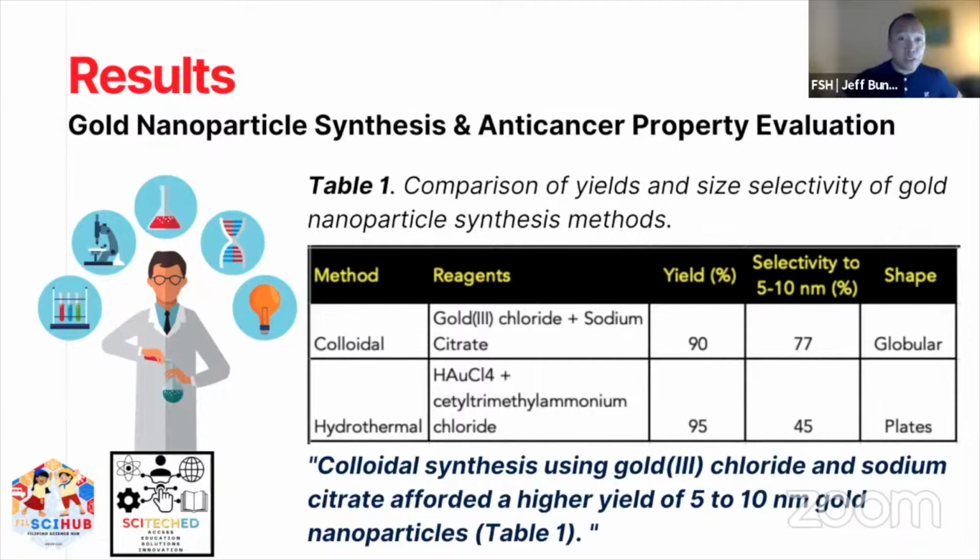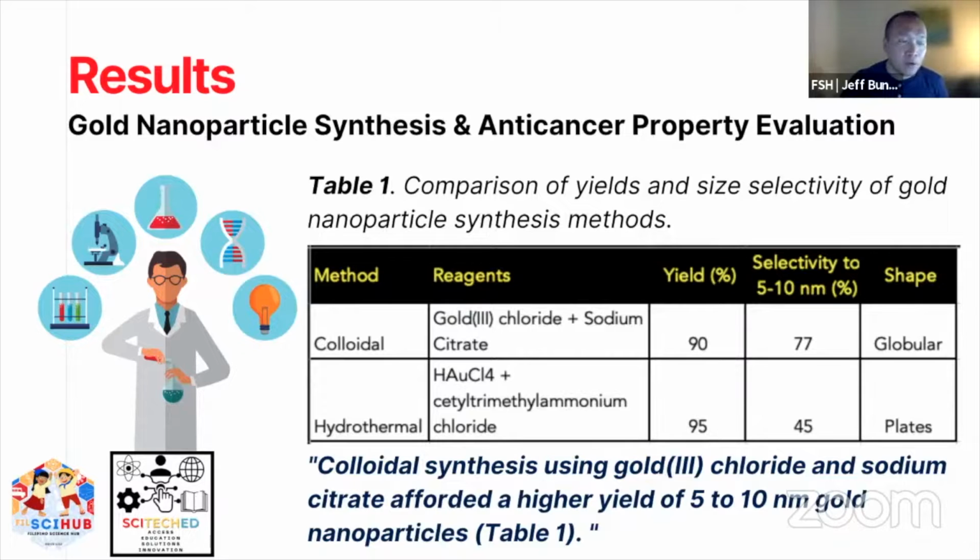So there are two synthesis methods used, colloidal and hydrothermal. Colloidal uses gold chloride and sodium citrate in the reaction, and then the hydrothermal synthesis used the acid form of gold chloride, and then you use an organic templating agent, which I think is acetyl trimethyl ammonium chloride.